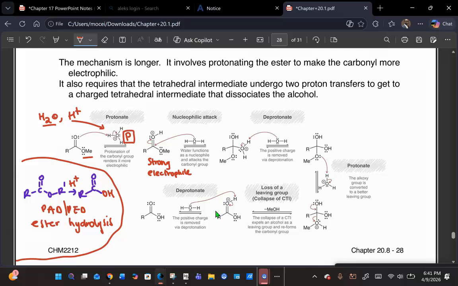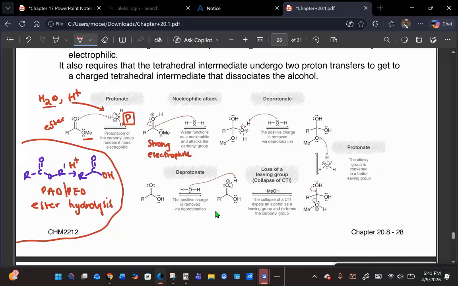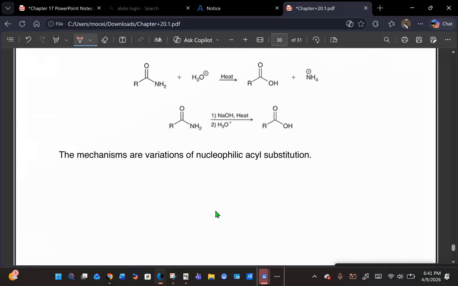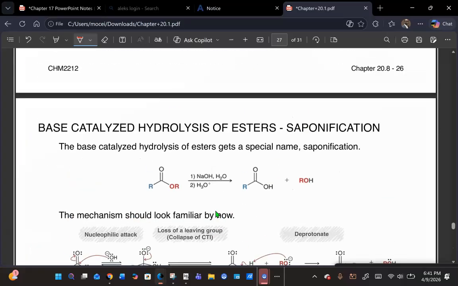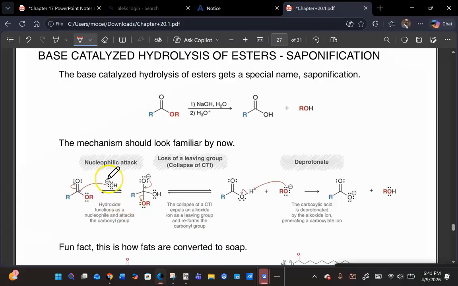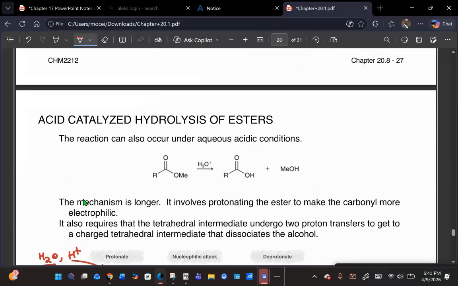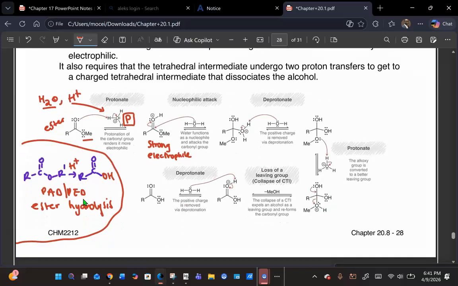So you either want a strong nucleophile and weak electrophile. Like if you start with the ester, which is a weak electrophile, and attack it with OH minus, which is what you'll see here. If you're attacking with OH minus, the nucleophile is strong, the electrophile is weak. That fight will go well. So basically, one of them needs to be strong and one of them needs to be weak.